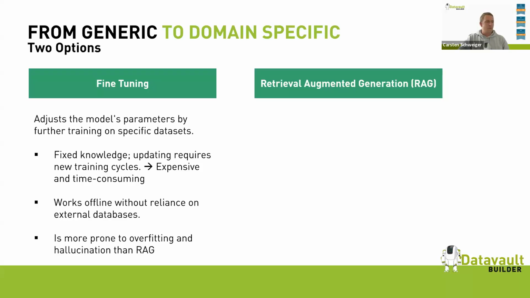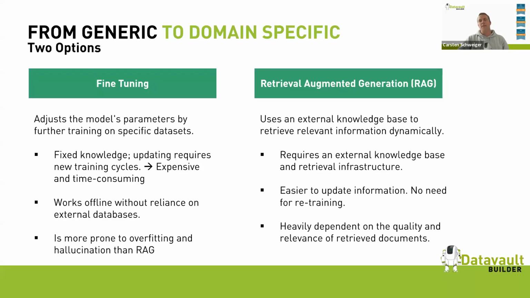The RAG is another possibility. You can use an external database to retrieve your information dynamically. It requires this external database, knowledge base, of course, and a retrieval process, retrieval infrastructure. But you have no need to retrain your model.